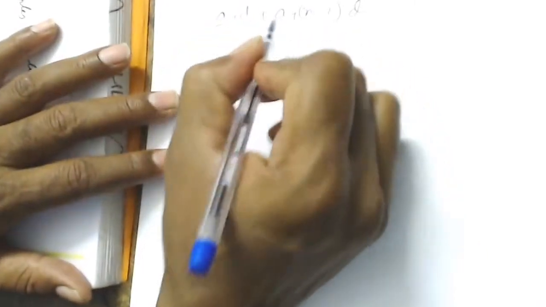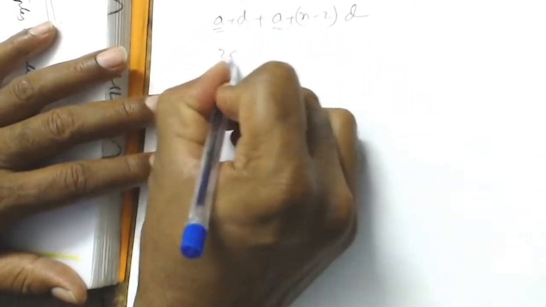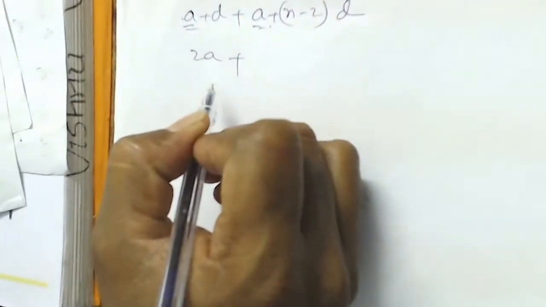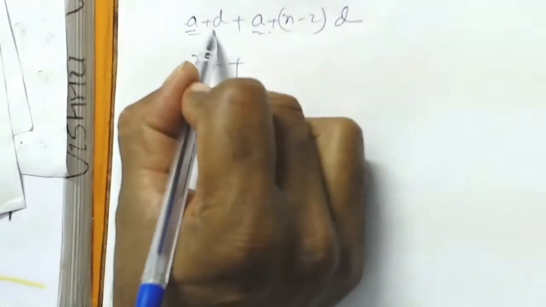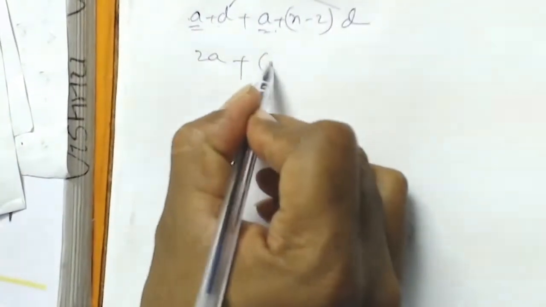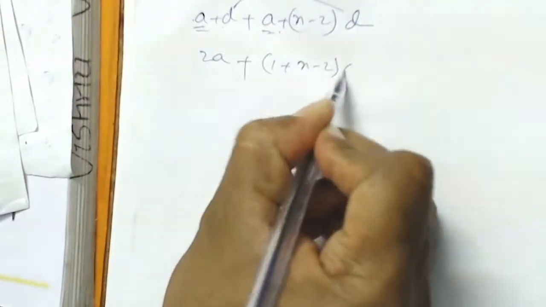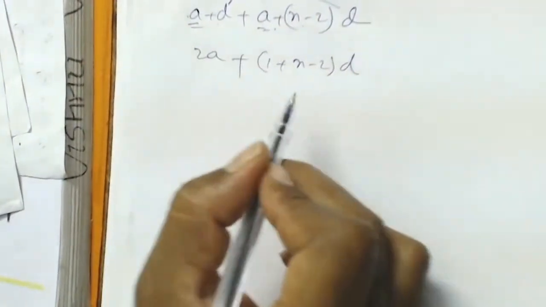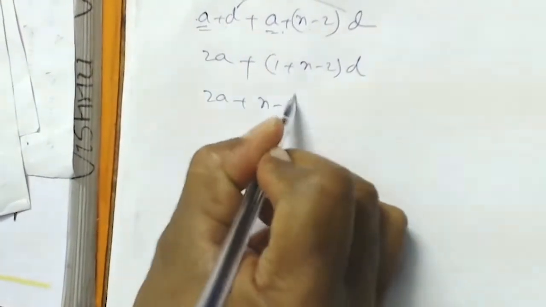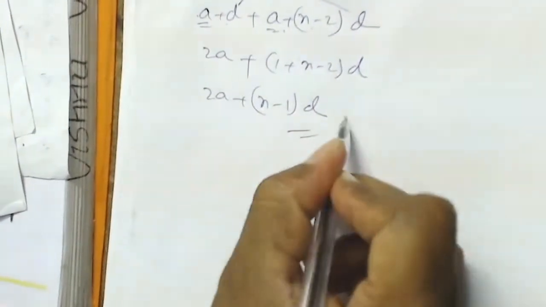For one A, if you add another A, you are getting 2A. For D and n minus 2 into D, you can take D as common: 1 plus n minus 2 into D. Minus 2 plus 1, if you are adding, 2a plus n minus 1 into D. So again you got 2a plus n minus 1 into D.